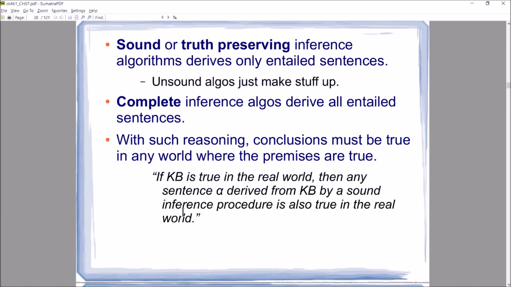Okay, so here's a quote from the textbook. If the knowledge base is true in the real world, then any sentence alpha derived from the knowledge base by a sound inference procedure, by a sound inference algorithm, is also true in the real world.